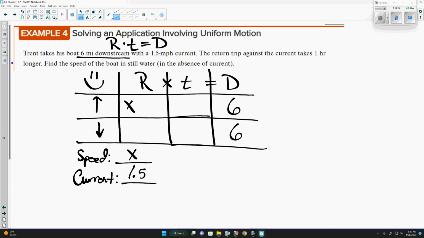So we will have an X, because the speed of the boat will be part of the rate, yes? Now, if we're going with the current, is it helping us to go faster or slower? Faster. So we would say X plus 1.5. And if we're going against the current, we're going slower. It's resisting our speed.